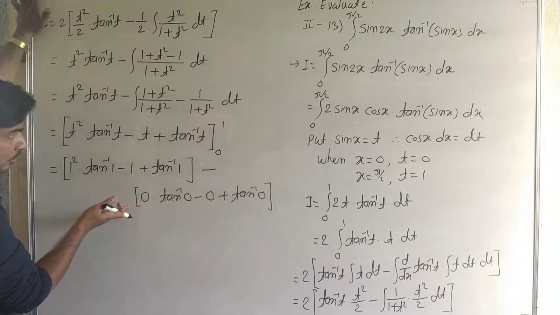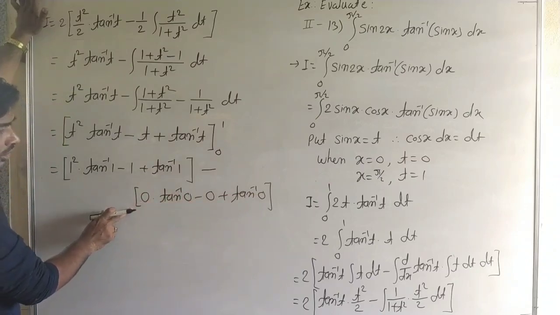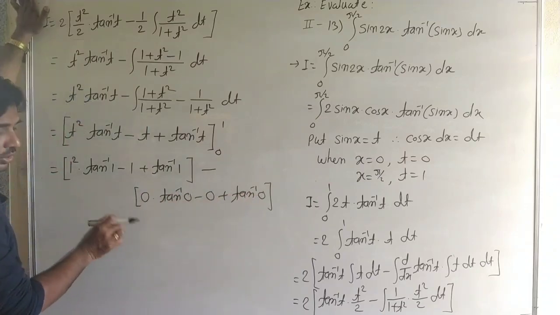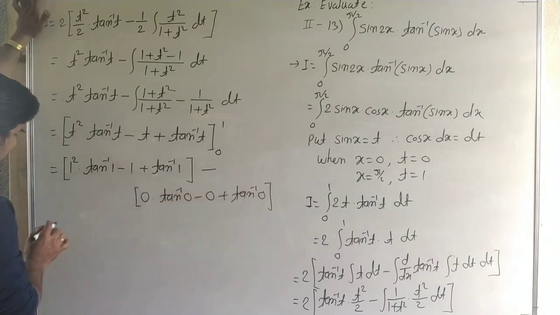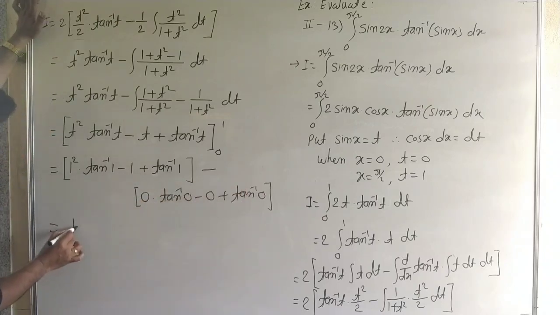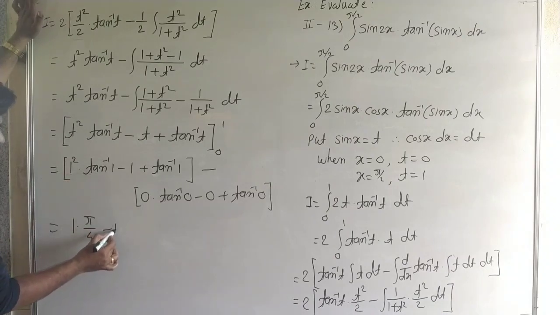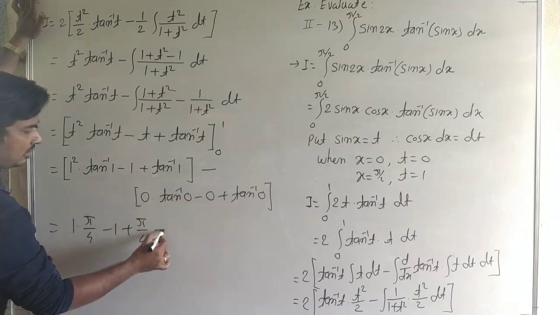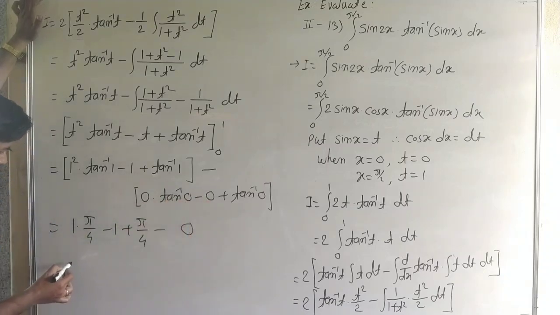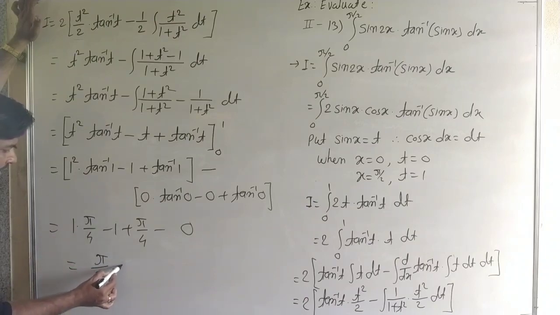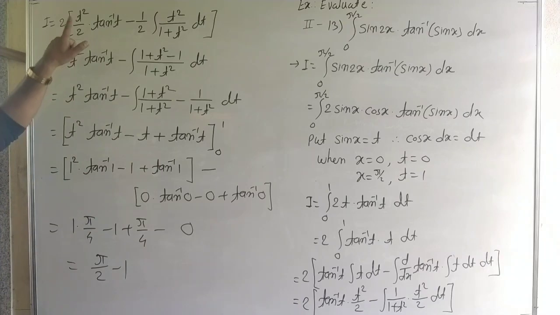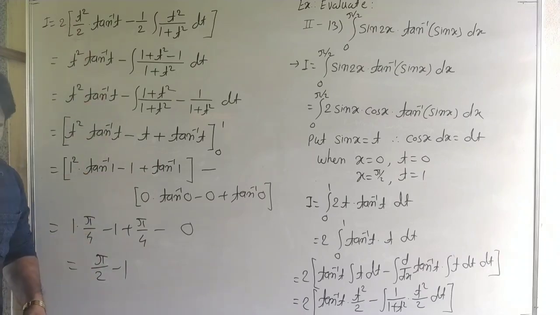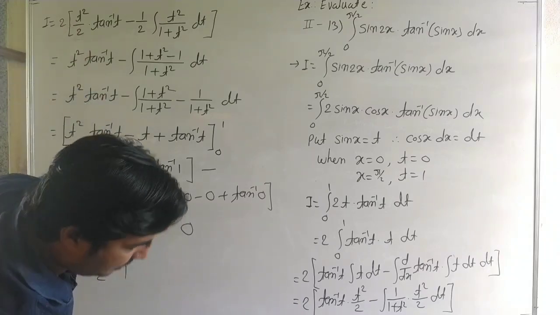When we put the lower limit, all terms become 0. Then it is 1 into pi by 4, minus 1, plus pi by 4, and the lower limit terms are all 0. The final answer is pi by 4 plus pi by 4, it is pi by 2, minus 1. Okay, see carefully this. Now, the next example.